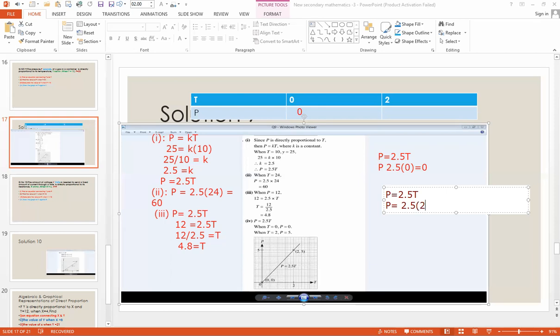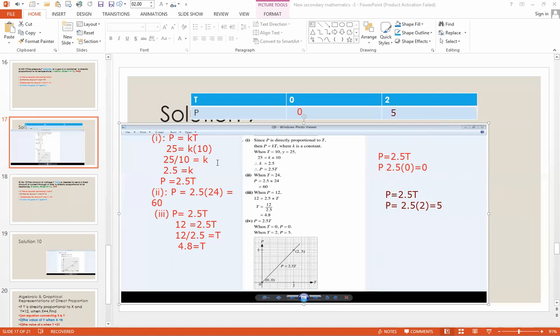But you can also take 1. So my answer is 5. It is a whole number. So I write this value here in the table also. When t is equal to 2, the value of p is equal to 5. Clear? Hence we have completed the table.